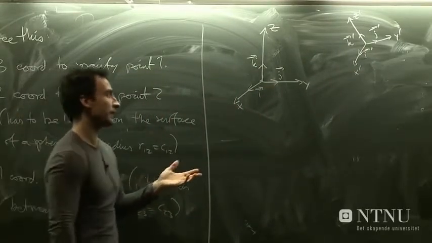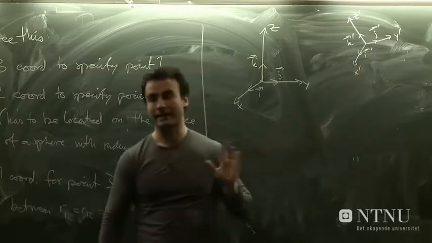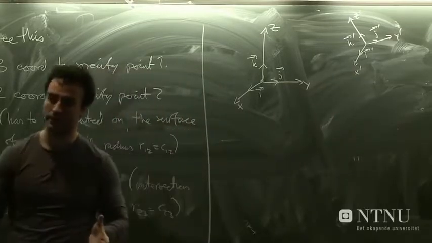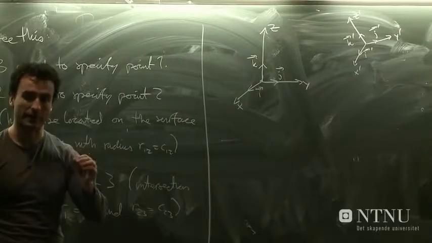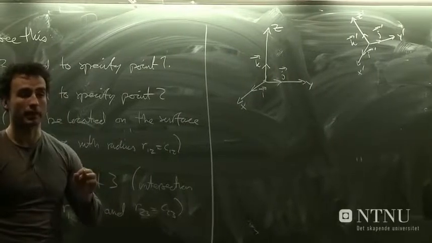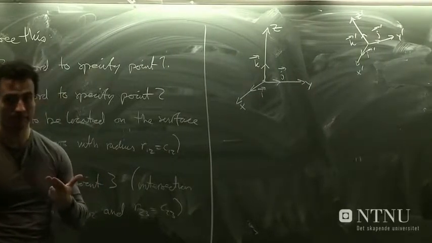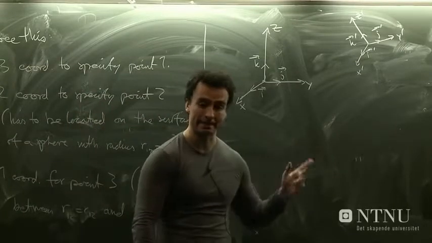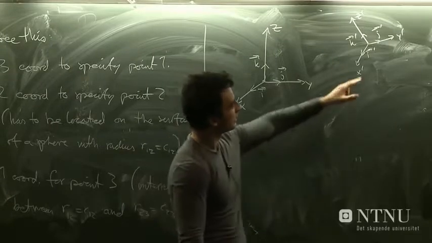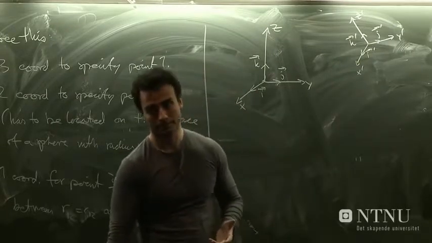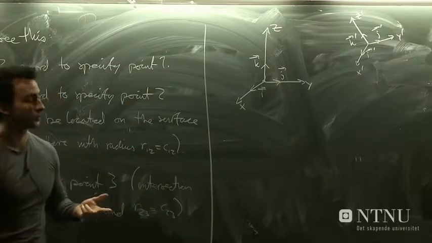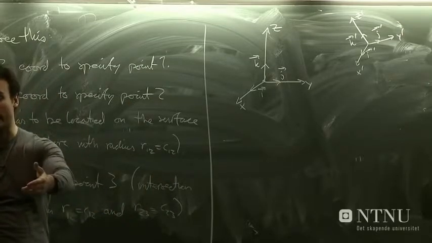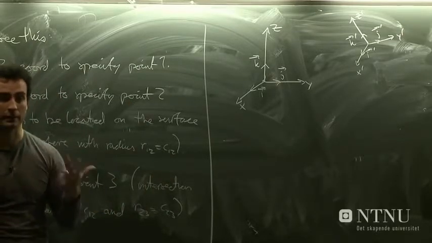You can think of this coordinate system, for instance, as being attached to the center of mass of the rigid body. So we need 3 coordinates to specify where the rigid body is in space. The last 3 go to specifying the orientation of the rigid body relative to its center of mass. So 3 coordinates to specify the origin or center of mass, and then 3 coordinates to determine its direction.